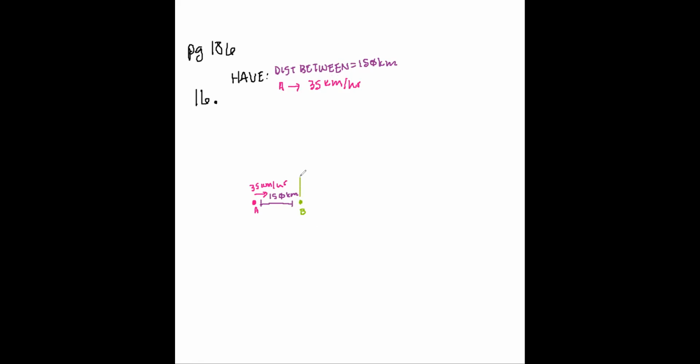And B is going north at 25. Okay. So how fast is the distance between ships changing at 4 p.m.?